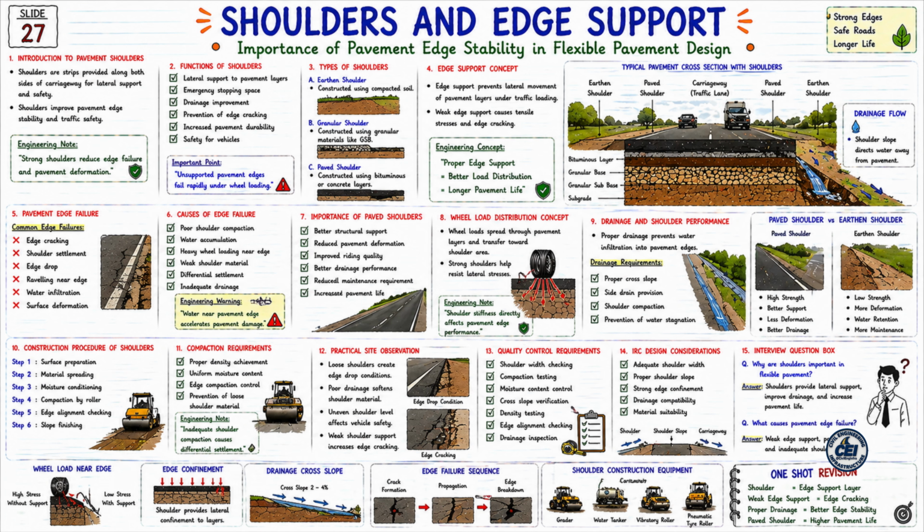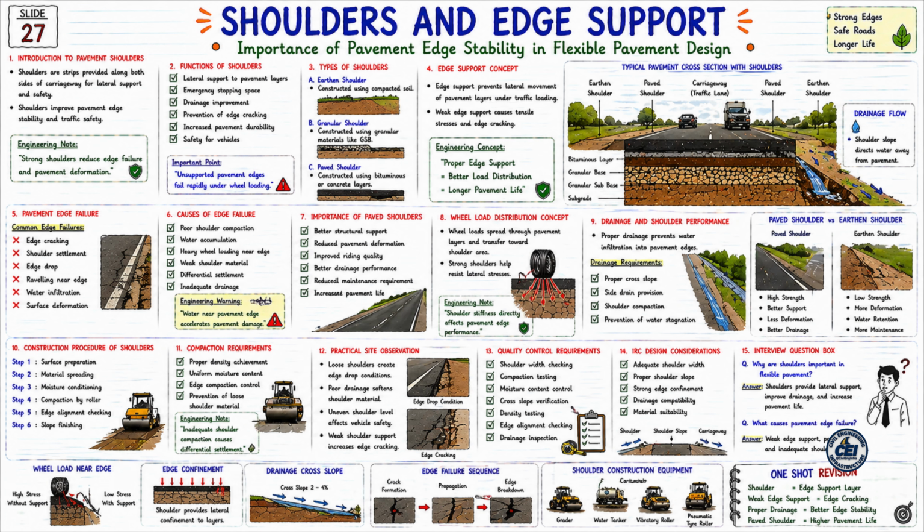Increased pavement durability. Safety for vehicles. Now see the important points below. Unsupported pavement edges fail rapidly under wheel loading. That means if edge support is weakened, then the pavement will start cracking quickly.